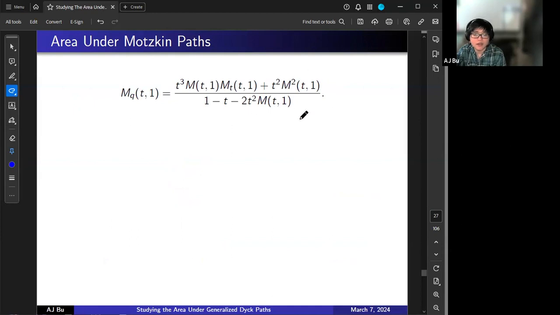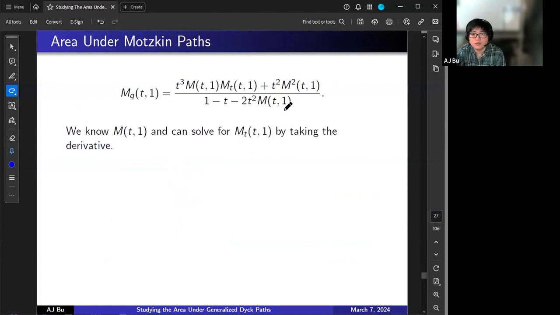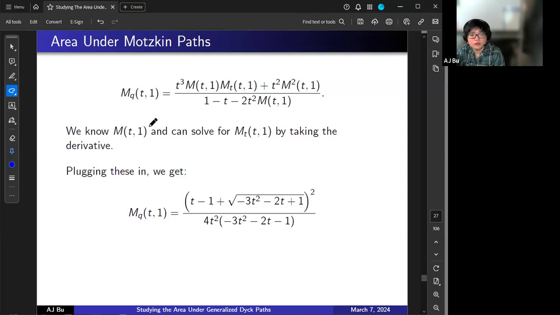Okay, so now that we have that, we're going to note that we already solved for M of T1, right? And then we can solve for M sub T of T1 just by taking the derivative with respect to T. And then if we plug those in, we'll get our desired M sub Q of T1.